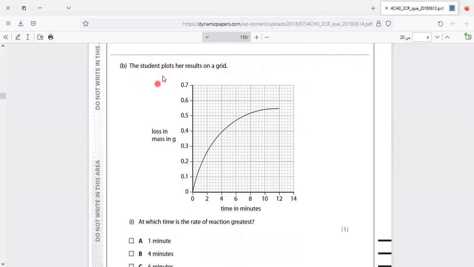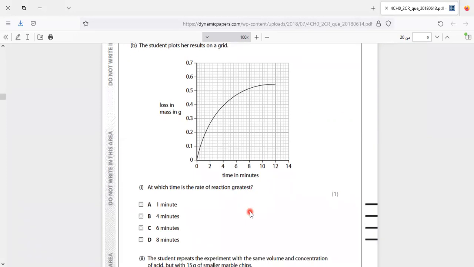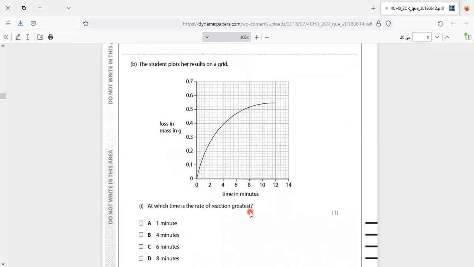Question letter B. The student plots results on a grid. At which time is the rate of the reaction greatest? In any chemical reaction, the rate of the reaction is the greatest at the beginning.